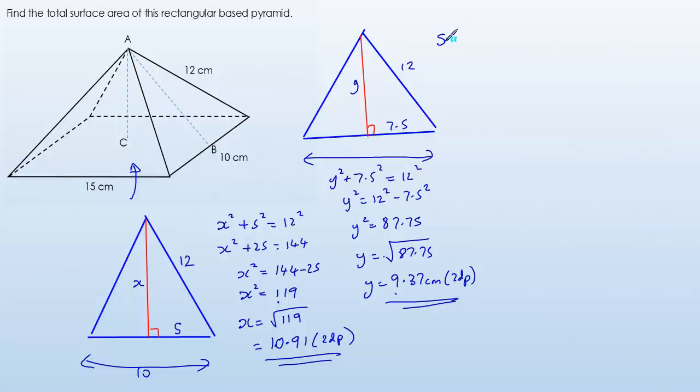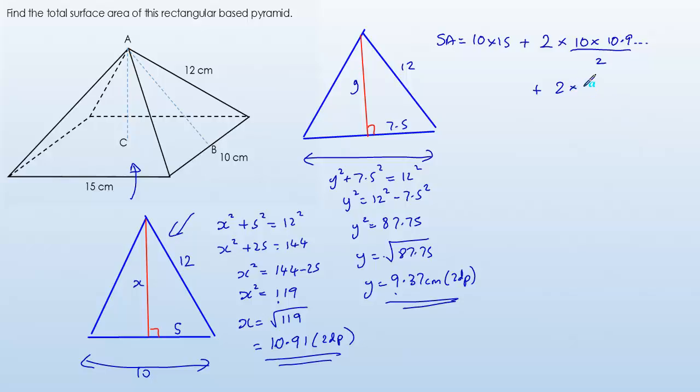So the surface area is going to be the rectangle, which is 10 times 15. Add 2 of these triangles, so that's going to be base of 10, height of 10.9 and so on, divided by 2, and then 2 of these ones.